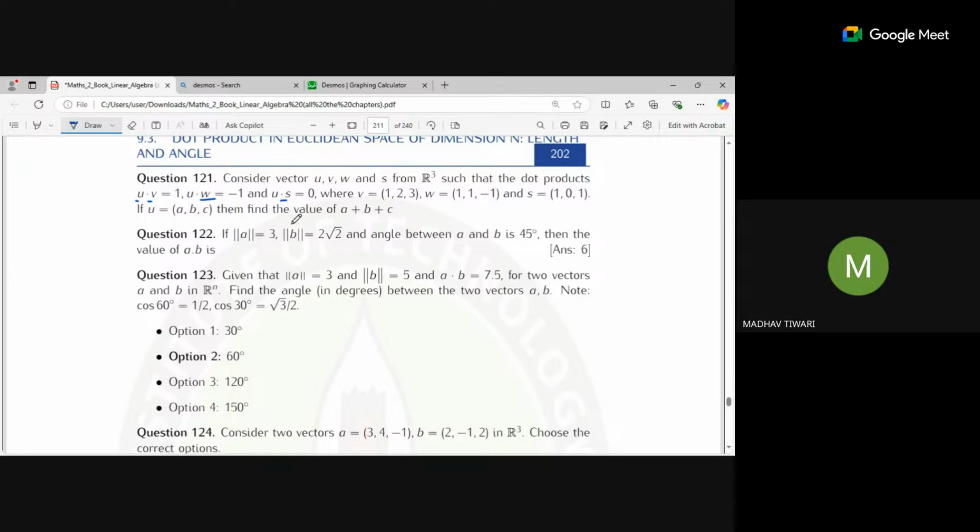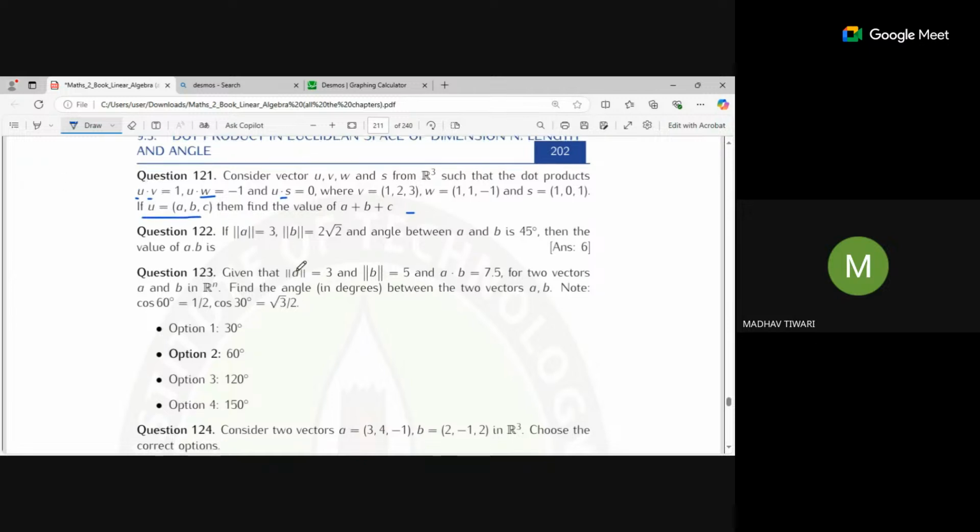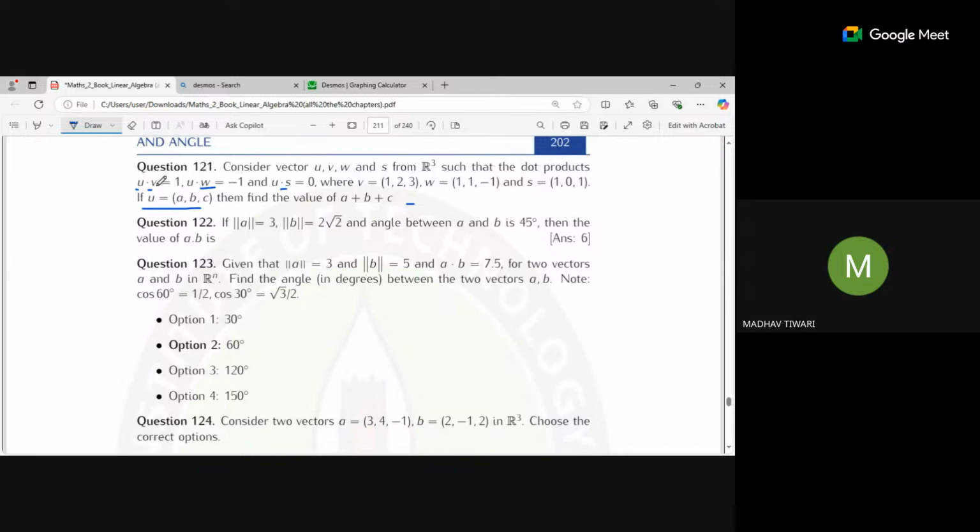You are given their dot products and some of the vectors. u is a vector A, B, C, and v is a vector 1, 2, 3. You are given their dot product. Their dot product will be A plus 2B plus 3C, right? It is equal to 1.